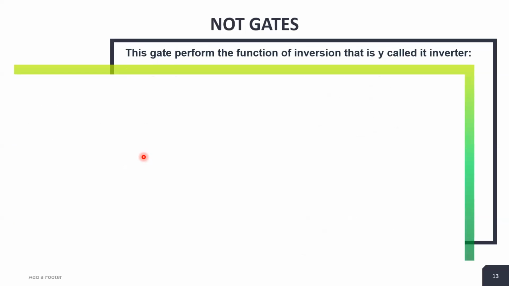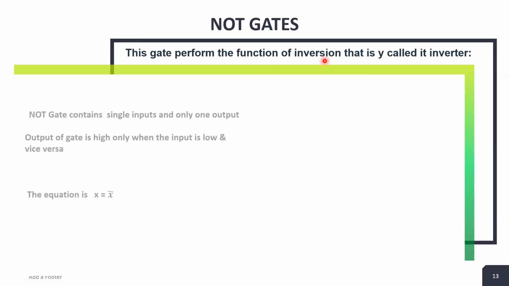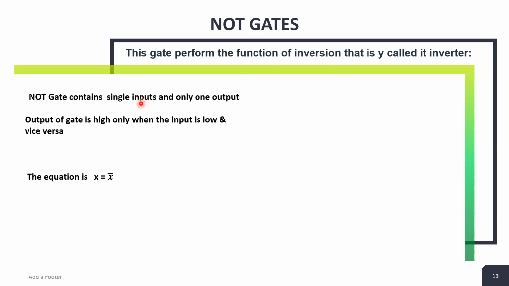The NOT gate performs the function of inversion, that is why I call it an inverter. Okay? NOT gate is also called an inverter. Screen is visible, girls? Why? Because it has the function of inversion. The NOT gate contains only a single input and only a single output.